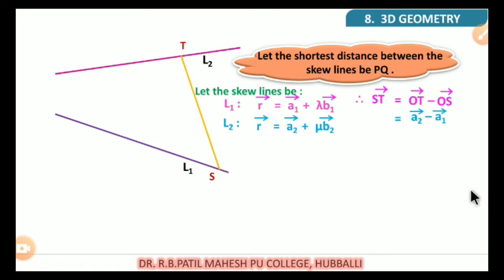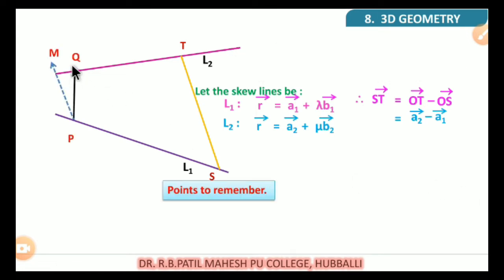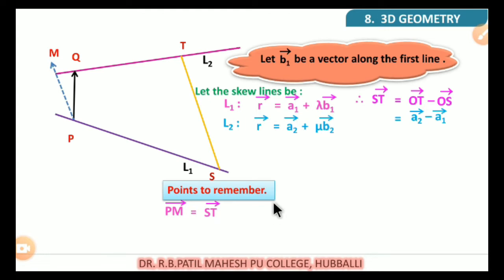So I am going to take here that the shortest distance is PQ and draw PM here, which is exactly parallel to this ST. Now you have to remember some points here, that PM is exactly equal to ST.